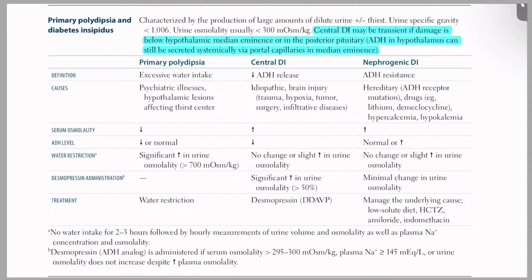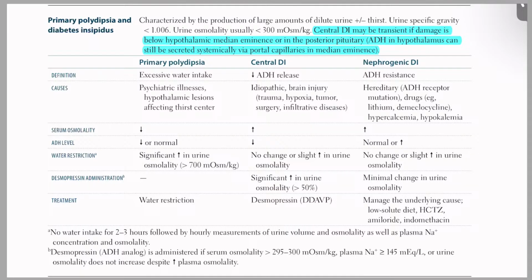Okay. Primary polydipsia, excess water intake. Causes can be psychiatric illness, or hypothalamic lesion affecting thirst center.